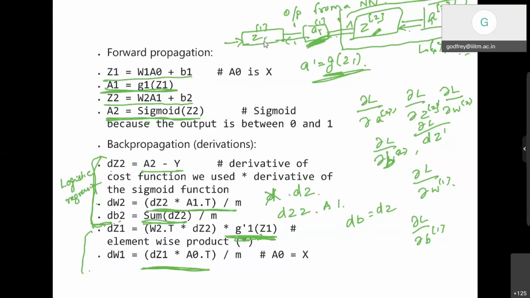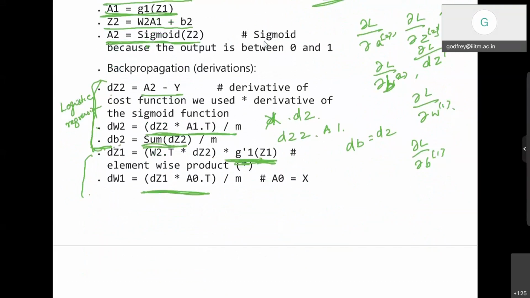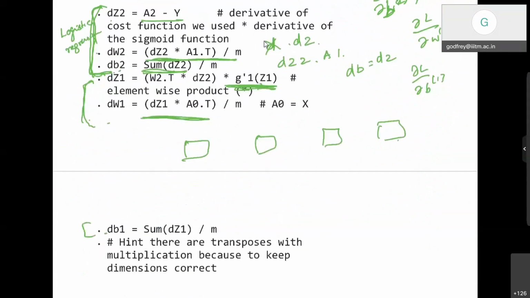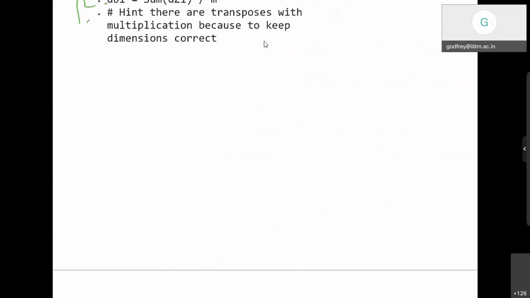However many layers we have, the back propagation is going to happen using this kind of set of elements.